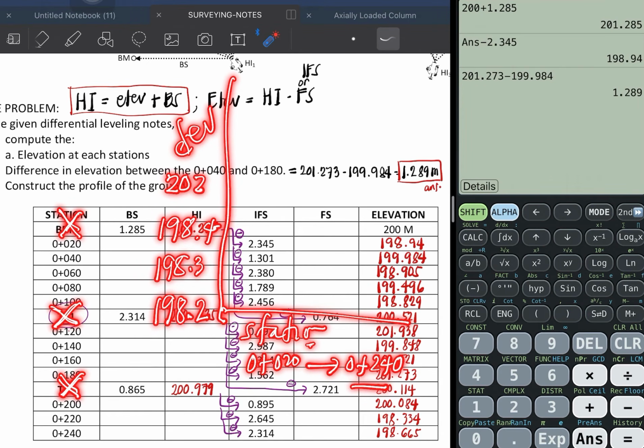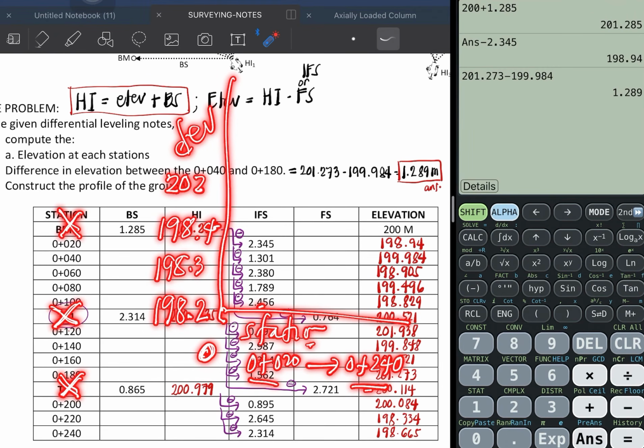For your profile of the ground, start with station 0, then 0 plus 20 up to 0 plus 40. No need to have stationing of turning points. And then you plot.